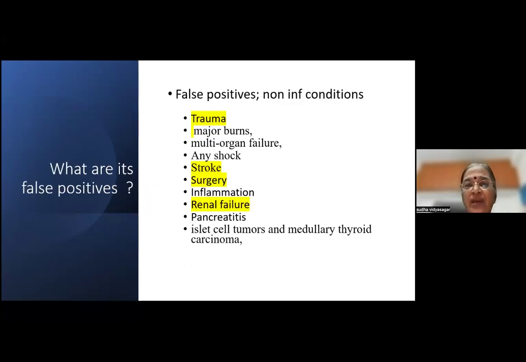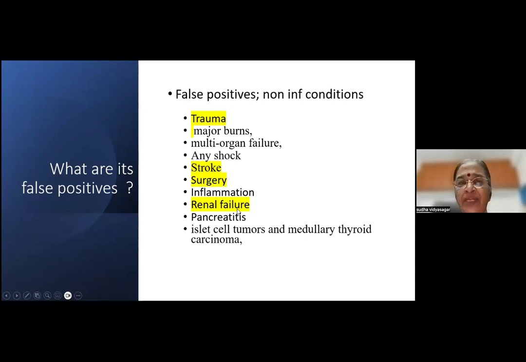So let's look at the false positives, the non-infectious conditions where procal can be positive. First on the list is trauma. Even in a trauma, you can get a high procal. It does not mean that there is a bacterial infection or any infection and that there is sepsis. Major burns, multi-organ failure, any shock, stroke, surgery, inflammation, renal failure.